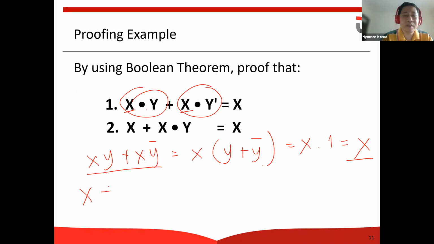X plus xy. Just like in our previous example, we have the same x in here, so we can use the distributive law, take out x. This will become 1 plus y.